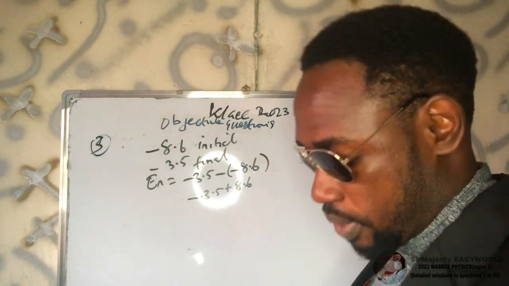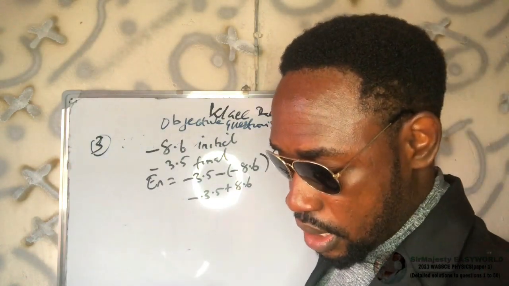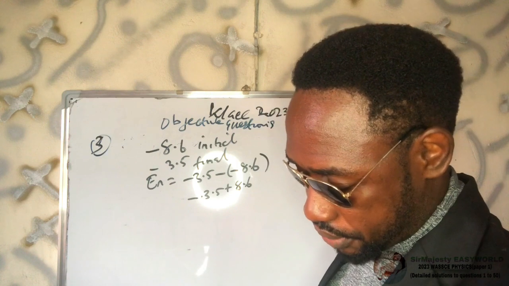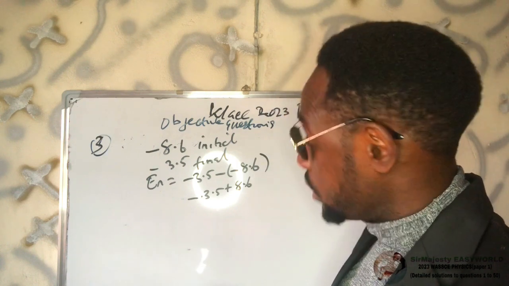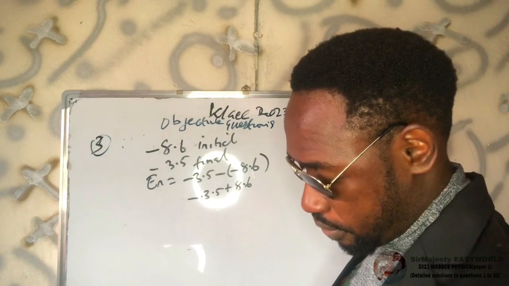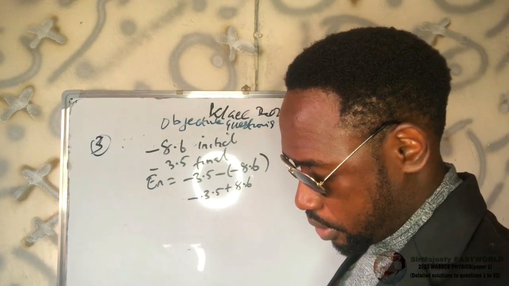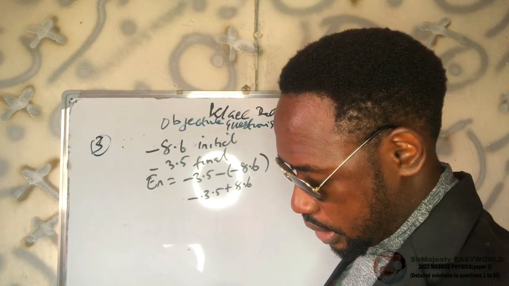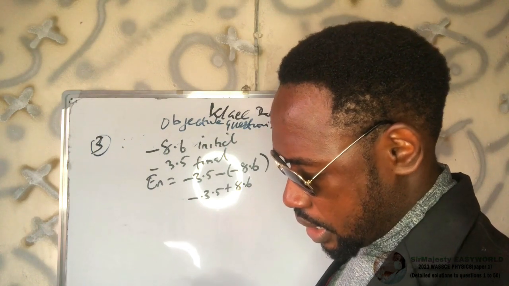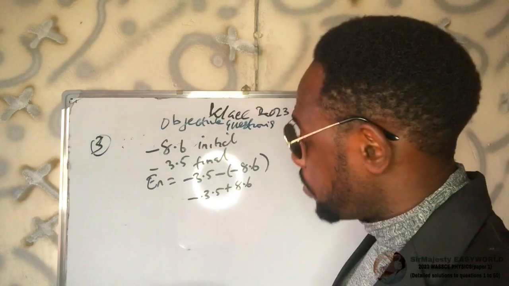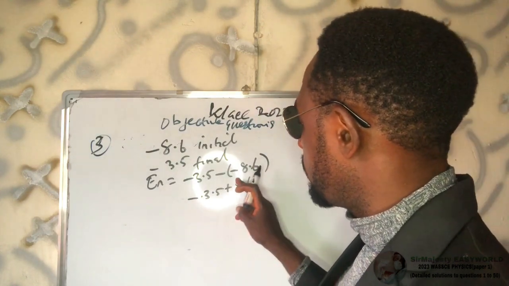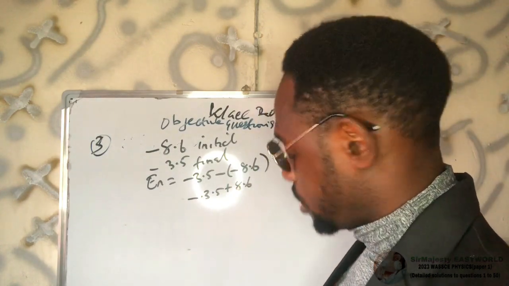Minus is plus. So from the calculator department, what I have here is minus 3.5 plus 8.6. Let me take the question again.